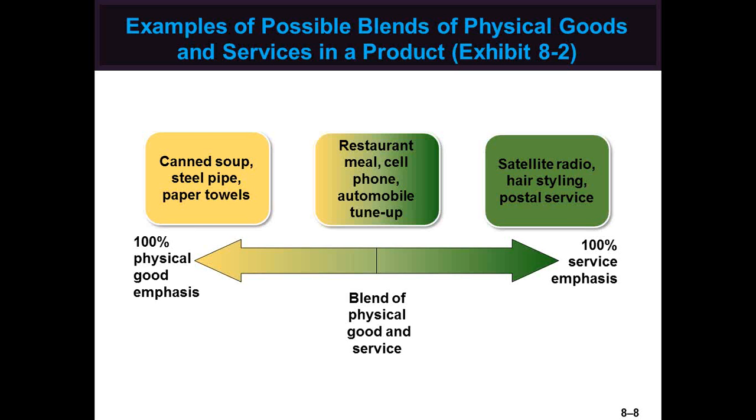Other products have a significant service component, such as a restaurant meal, a cellular phone, or an automobile tune-up. Still other products have an emphasis mainly on the service component, such as satellite radio, a hairstylist, or a postal service. Consumers are increasingly demanding more services with the goods they buy. Both the physical good and the service make up the total product the customer buys.